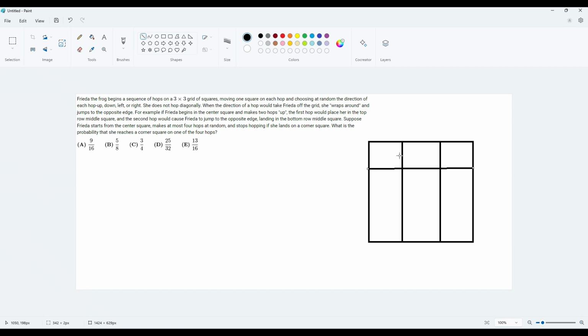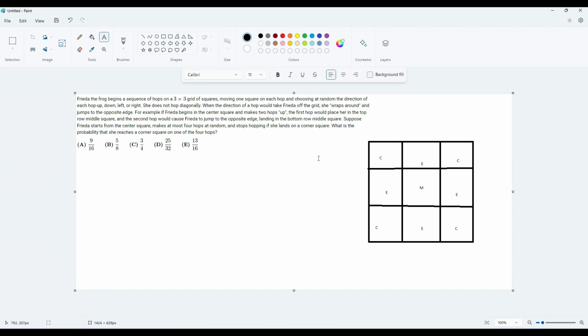We have the corner, edge, and center, which are the 3 distinct pieces that are going to be part of it. Let's label it real quick. This would be a corner, this a corner, this an edge, this the middle, this an edge, this an edge, this a corner, this a corner, and this an edge.